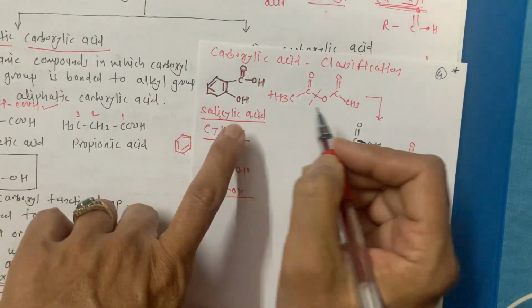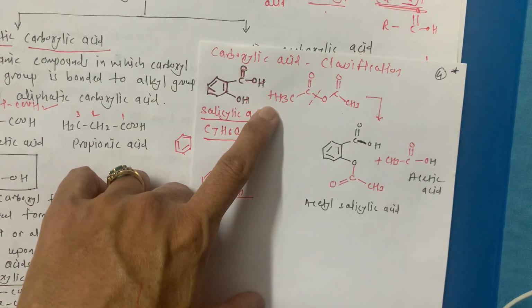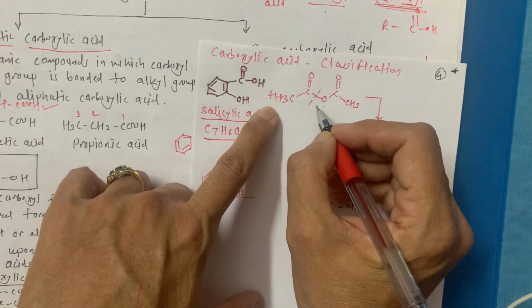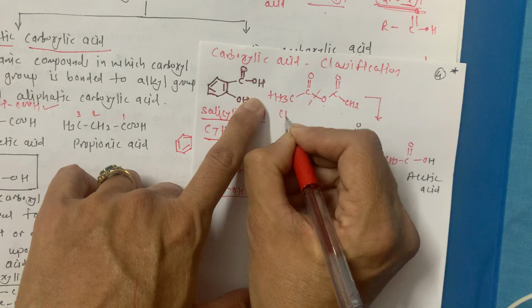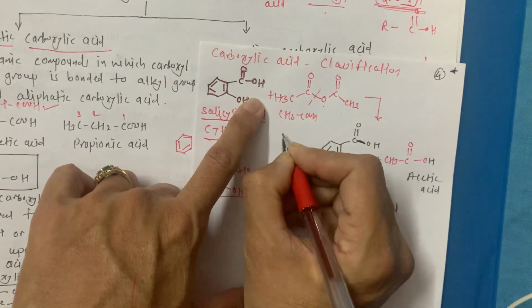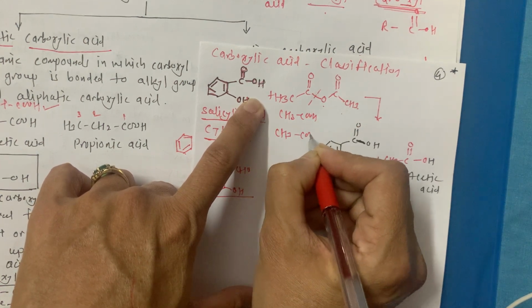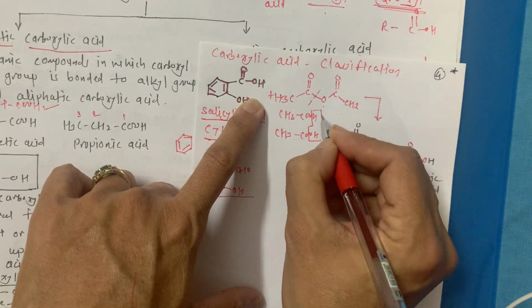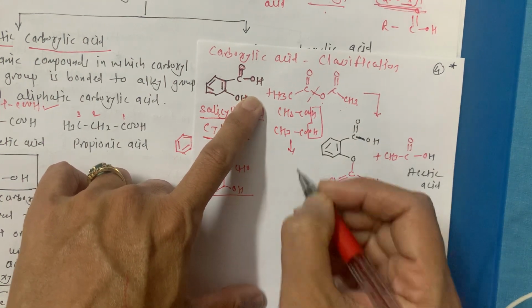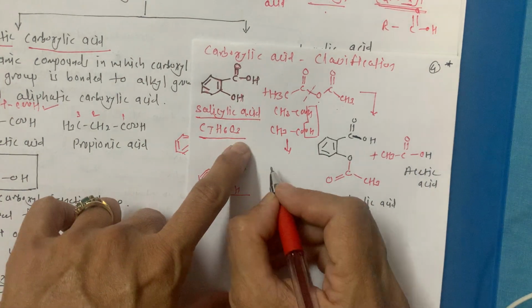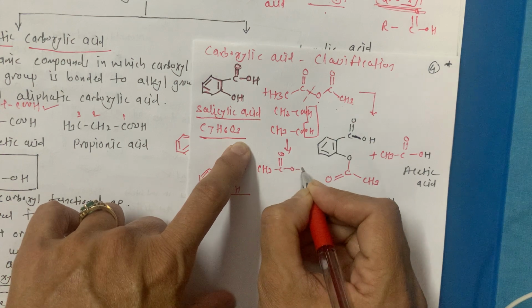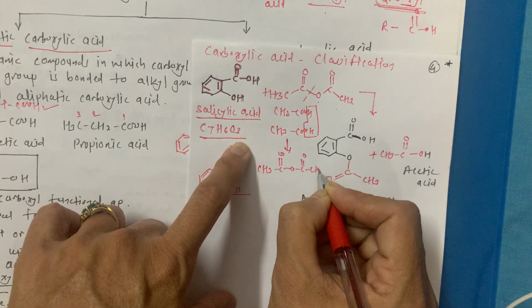When this salicylic acid is treated with acetic anhydride, which has an O link between two acetic acids, CH3COOH, CH3COOH, when one water molecule is removed from it, I had shown you this reaction in 11th standard also, there is formation of CH3 C double bond O, C double bond O, CH3.